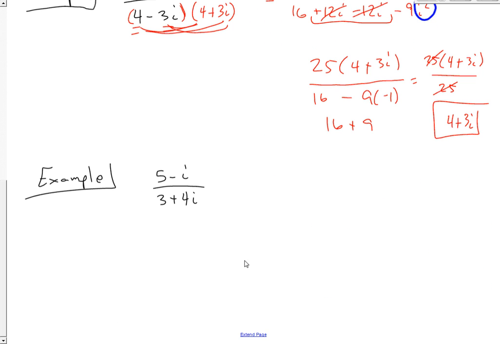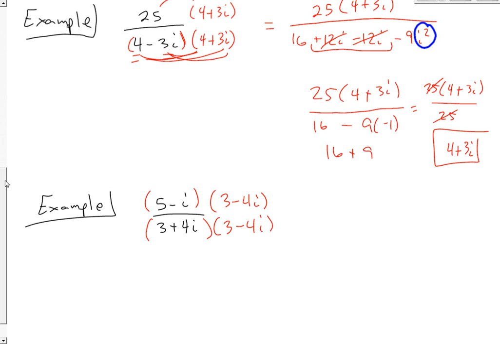Same thing with this problem here. We're going to want to multiply by the conjugate, which is going to be 3 minus 4i, both top and bottom. And keep in mind, just like on the problem up here, the two middle terms that canceled out came, during the FOIL process, from the outer and the inner part.